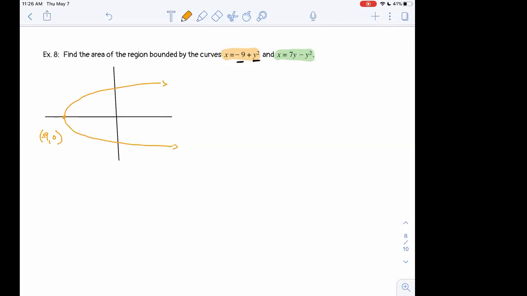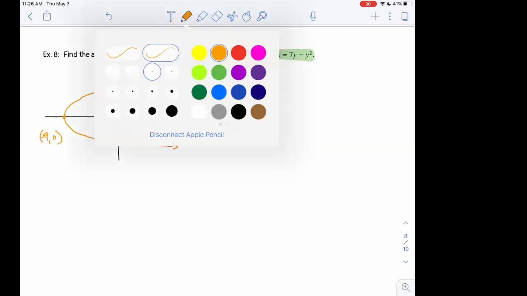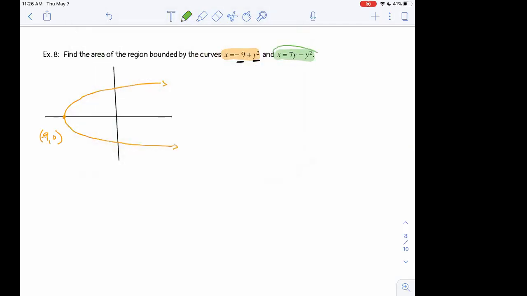Now, if we use that same sort of reasoning, what shape is this second function, the green function? Left facing parabola.